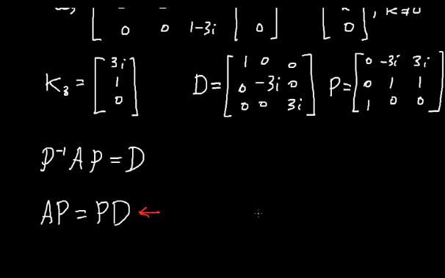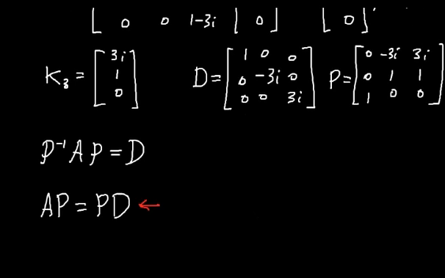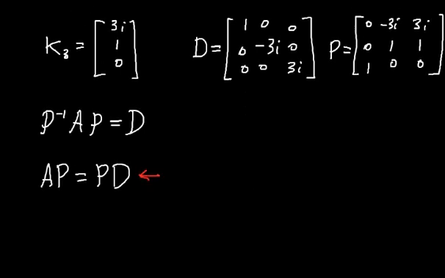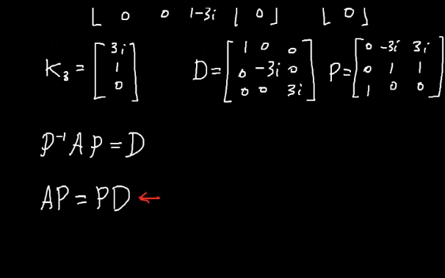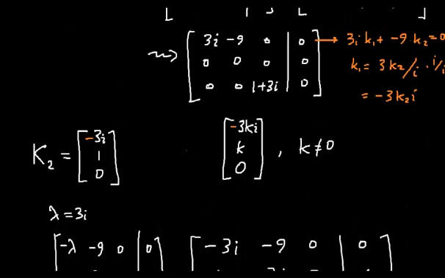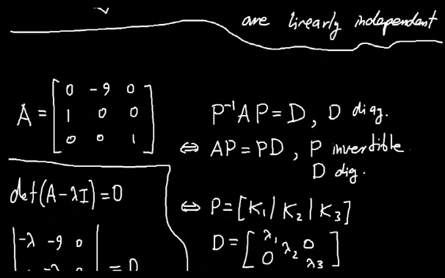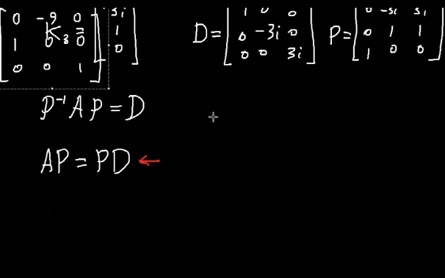Okay, so just for the sake of really checking our answer, let us actually carry out the calculation AP and compare it to PD and see if the 2 products of matrices are going to be the same or not. Alright, so for that I'm going to copy what the matrix A was. Let's put it here.